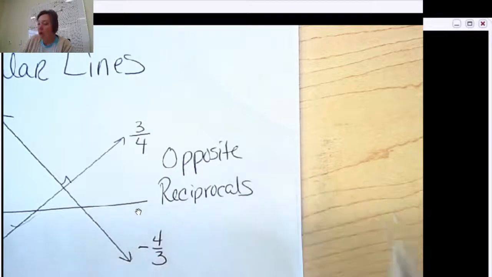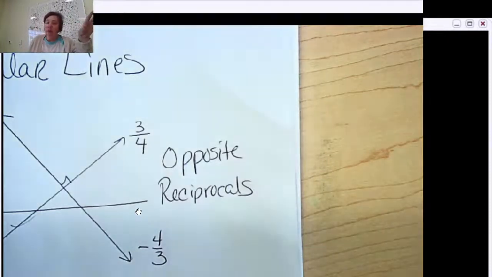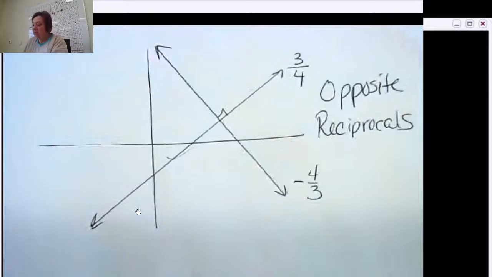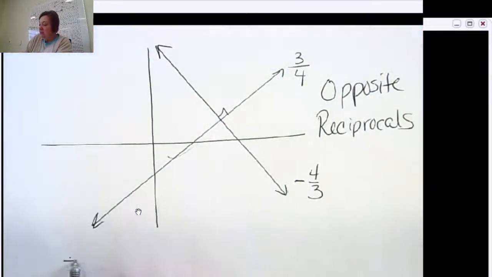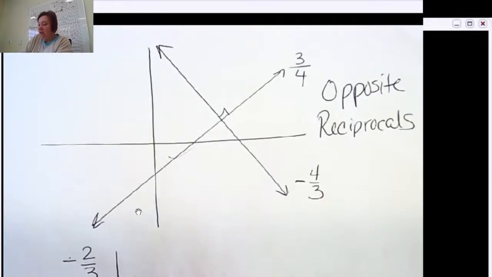Opposite means the sign. Reciprocal means we flip it over. Okay? So like if a line's slope is -2/3, perpendicular to that would be positive 3/2. Right?